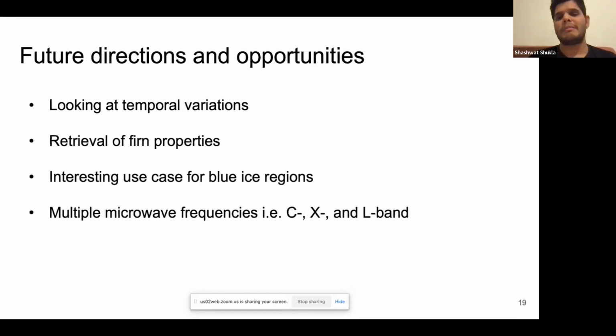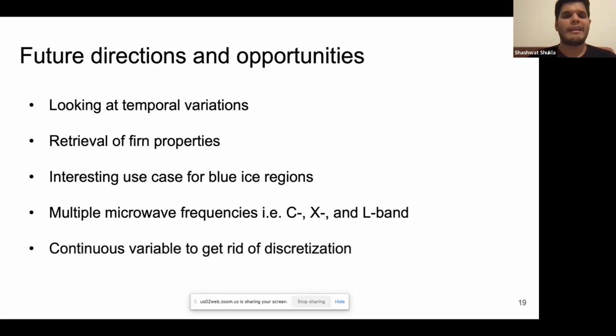Also, multiple microwave frequencies can be used so that it can provide a very robust estimation and characterization. And since here there are different, discrete classes, in the future a continuous variable can be derived from this so that the discretization can be removed and we can look into a more continuous change.